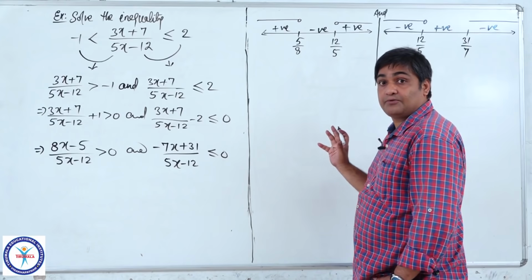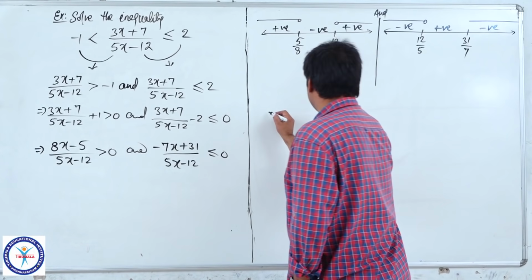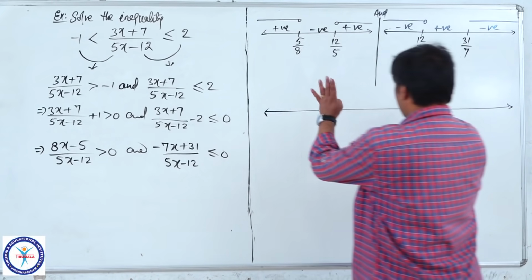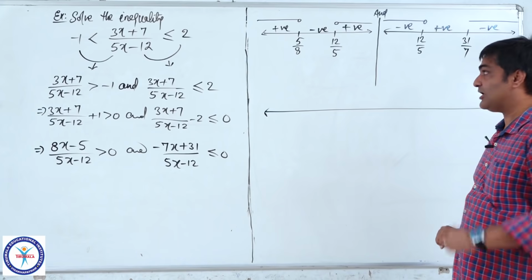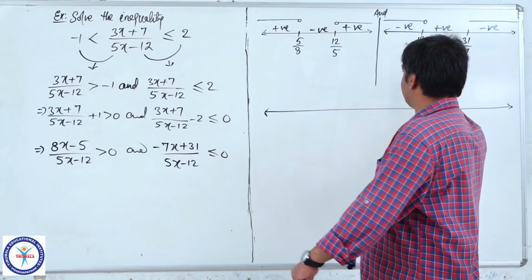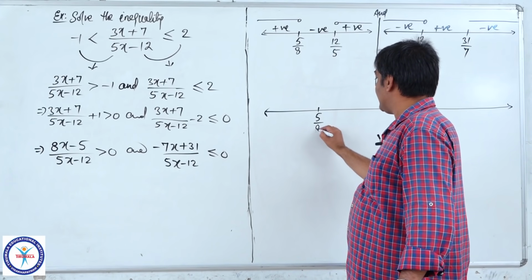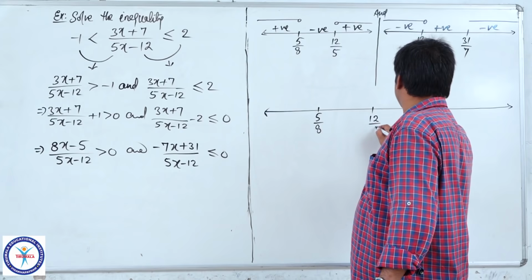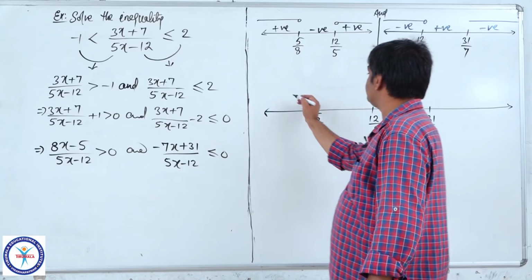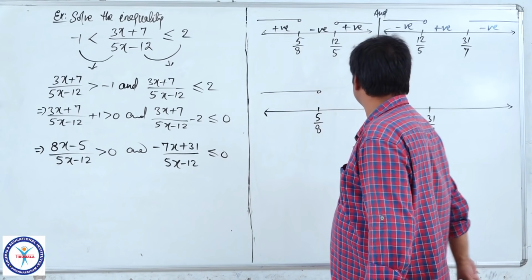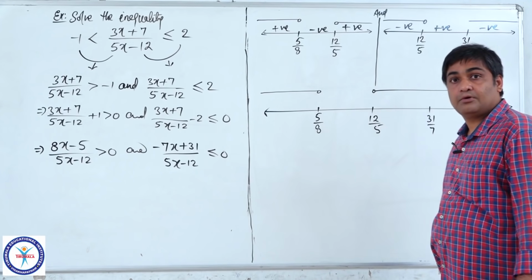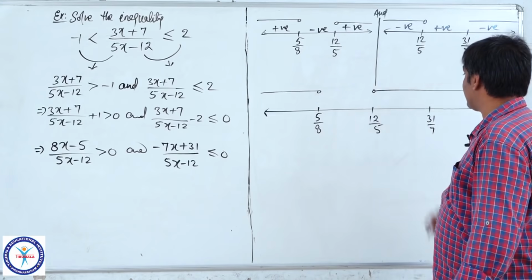So, for writing the final solution, plot these solutions on a single number line. So first of all, write all the numbers involved on this number line. 5 by 8, 12 by 5, 31 by 7. This is from first inequality, and from second inequality.